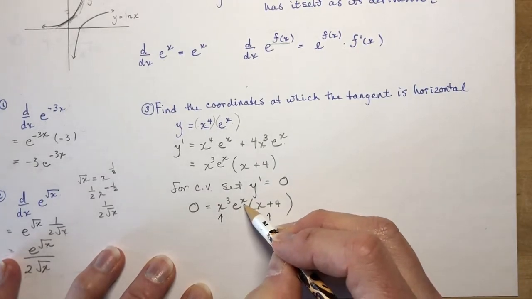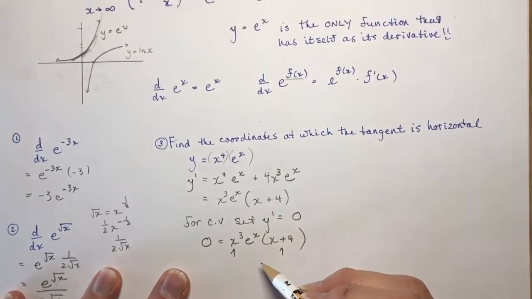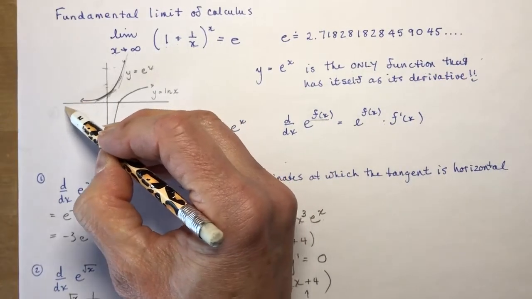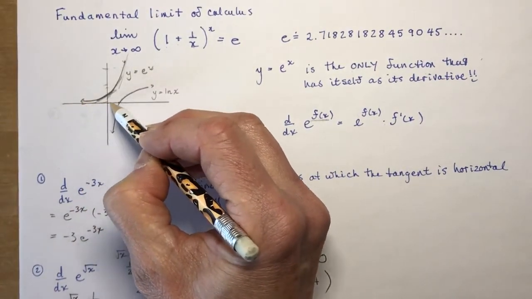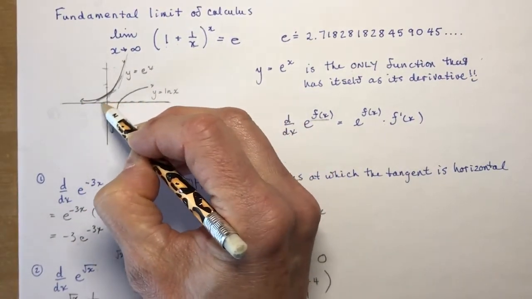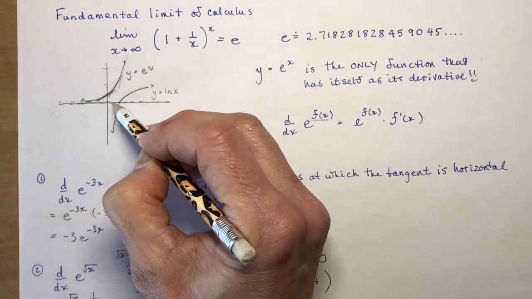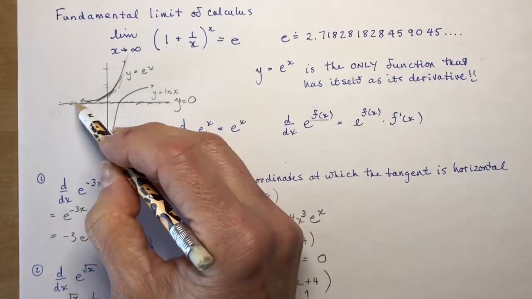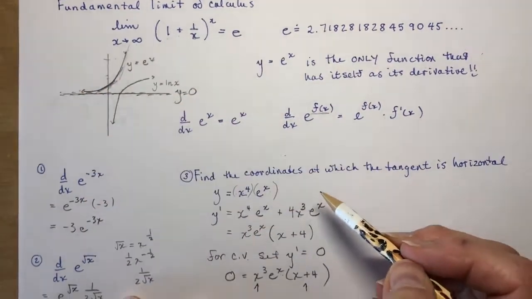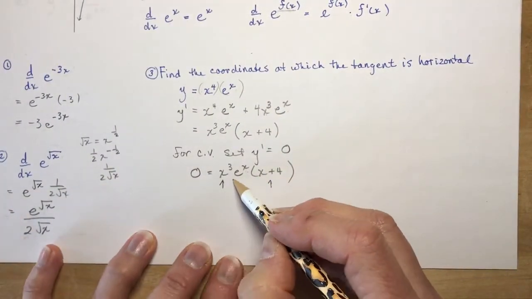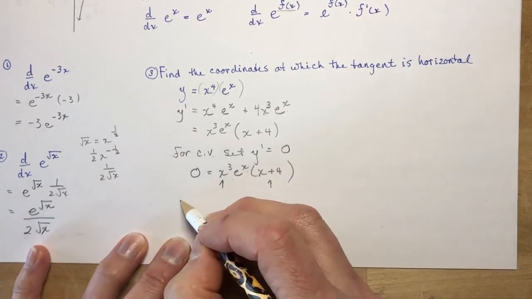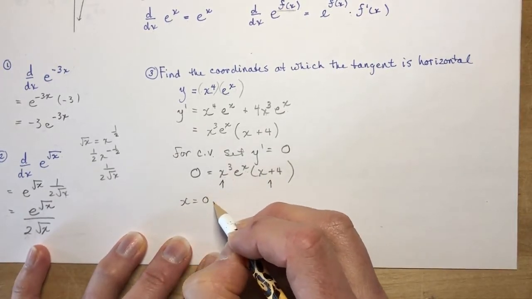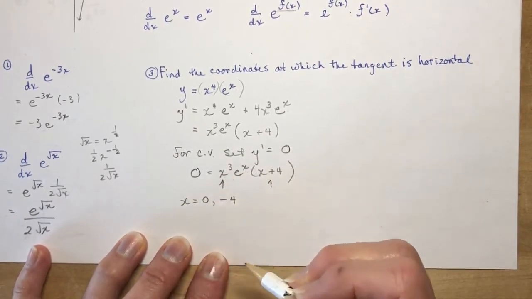Because e to the x is never 0. Take a look at our diagram of it here. It has a horizontal asymptote, right, as do all other exponential functions. So I had the asymptote y equals 0. So this is never going to be 0. So that means that x would be either equal to 0 or minus 4.